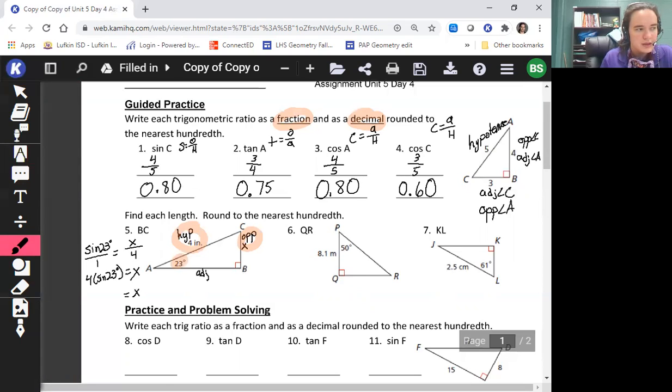We're going to take that to our calculator. 4 times sine of 23 degrees. And we're rounding to the hundredths place. So after that 6 is a 2, so it stays the same. So we have 1.56 inches.